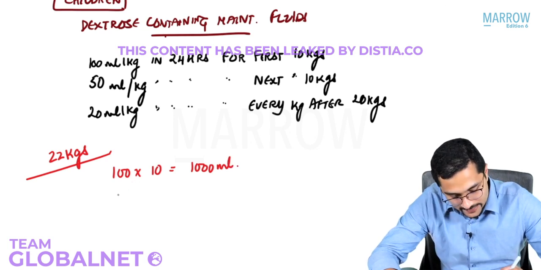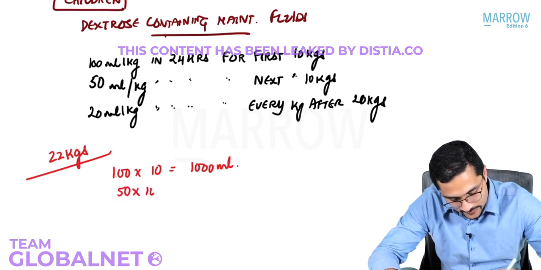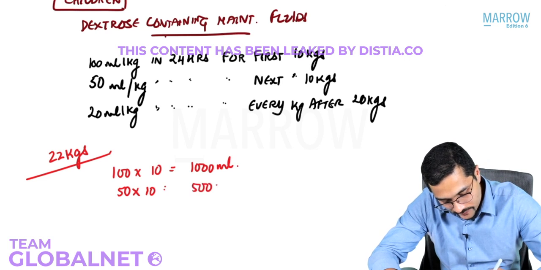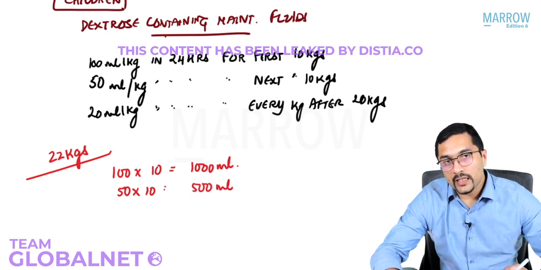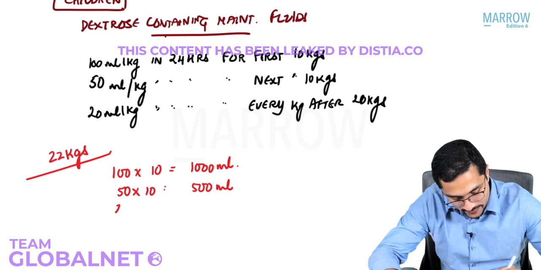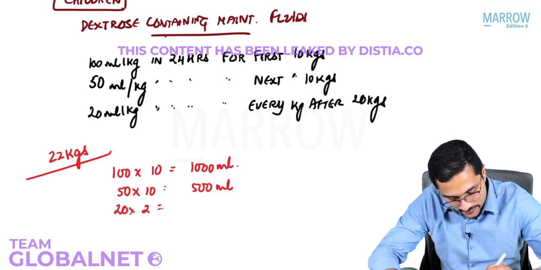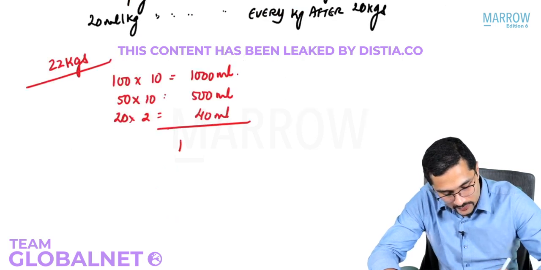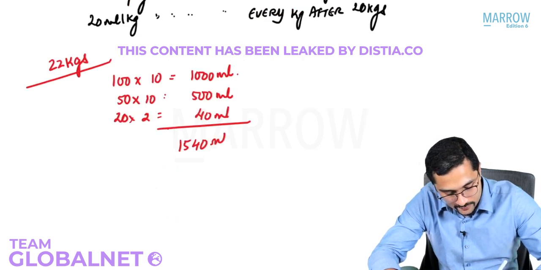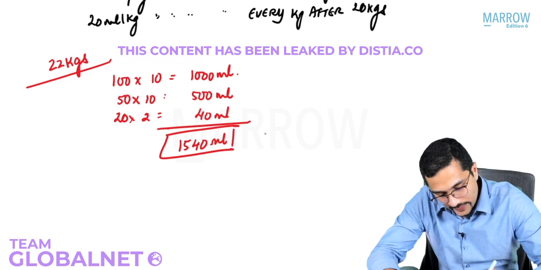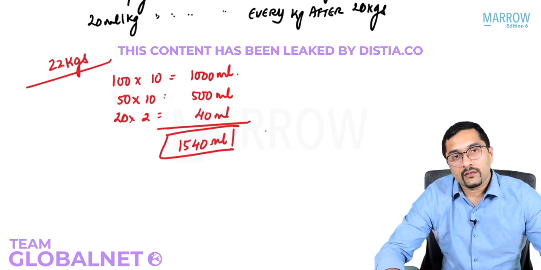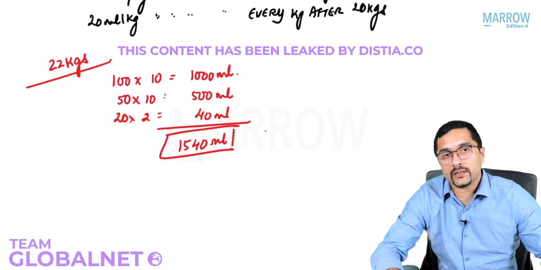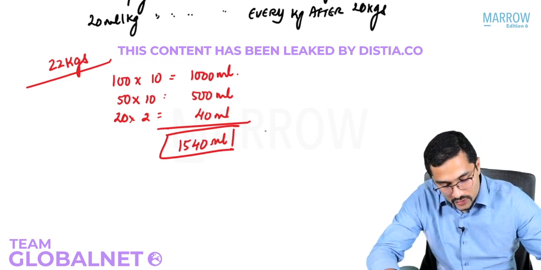Then for the next 10 kgs, it will be 50 into 10, that is 500 ml. And for the last 2 kgs, it will be 20 into 2, that is 40 ml. So this will turn out to be 1540 ml, which will be required additional in patients. This is the dextrose containing maintenance fluid which we'll need to use in children.